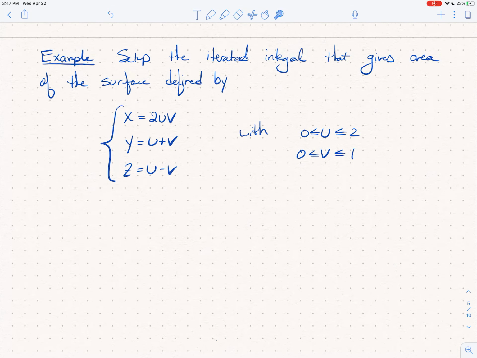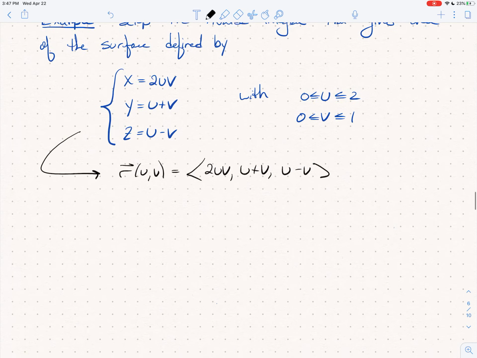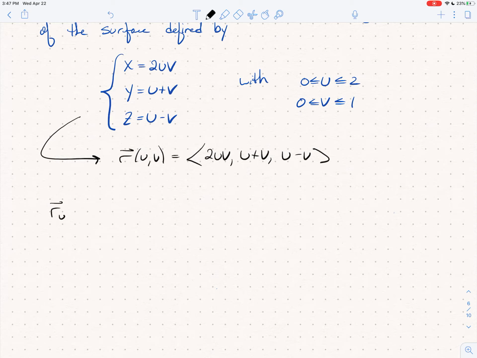I want to find, just to set up, the integral that gives the area of the surface with these equations. We're not even asked to compute the integral. I'll show you why I didn't ask you to actually compute it in a few minutes. Hopefully it's clear that our function R of U and V in this case is 2UV, U plus V, and U minus V. So we need to compute R partial U, and we're going to get 2V, 1, and 1.